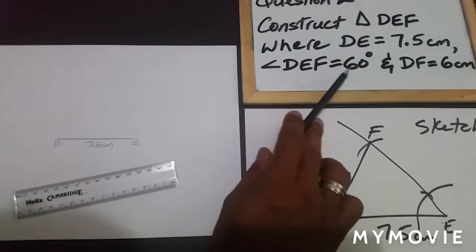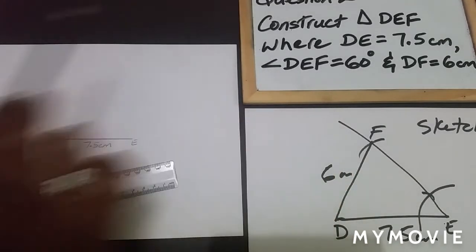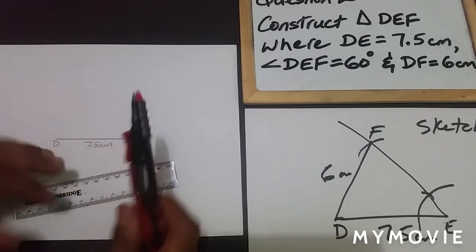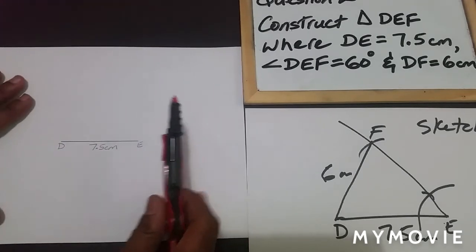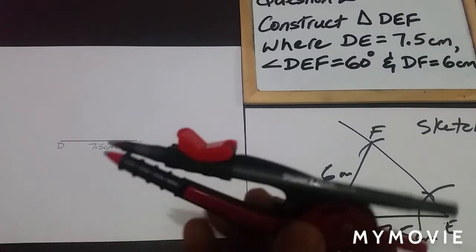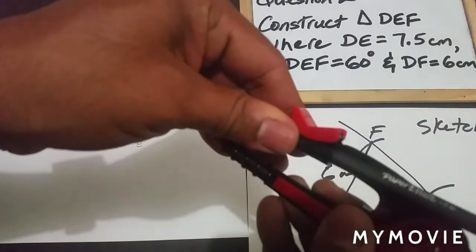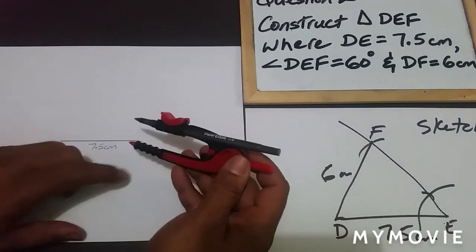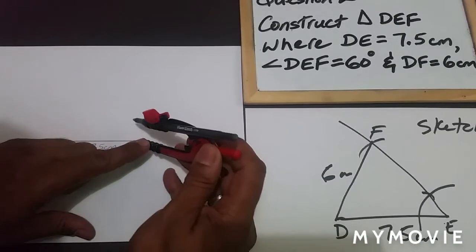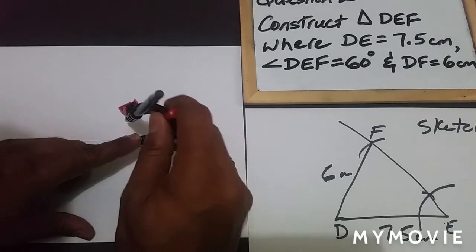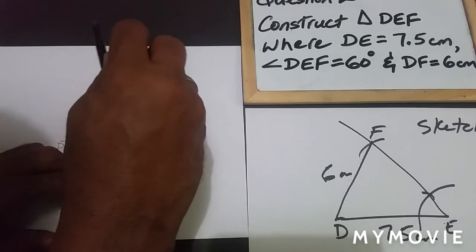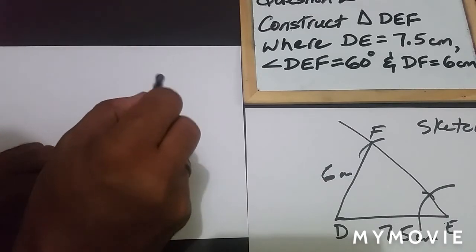And I'm going to go ahead now and construct the 60-degree angle at vertex E as is indicated here. So I'm going to take my compass, as you should remember how to construct a 60-degree angle. So the compass is here, and then I'm going to open it out, and after opening it out, I'm not going to shift it again. So I'm going to put the compass point at vertex E, and I'm just going to swing an arc, just like this.